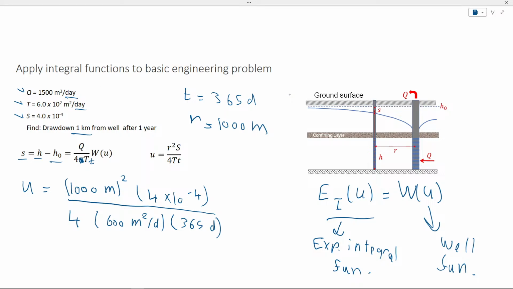So what do we get here? The unit. This guy will go away with this guy, and this guy will go away with this guy, so we get something that's unitless.